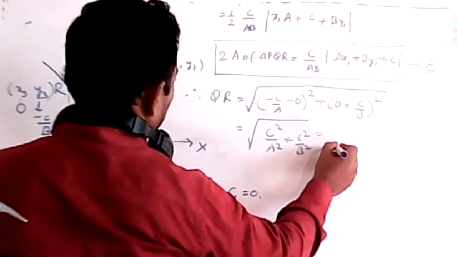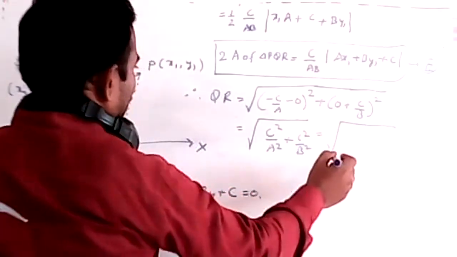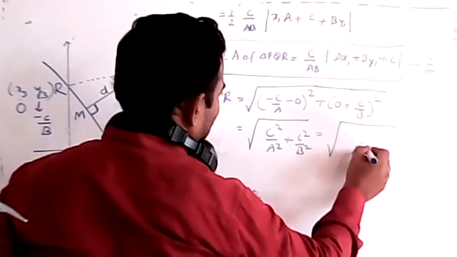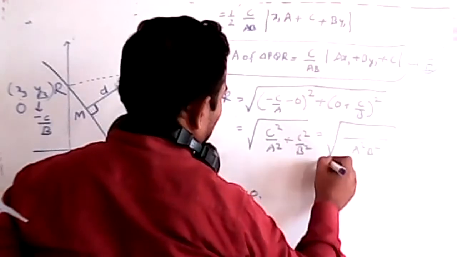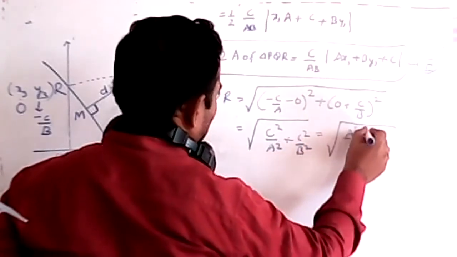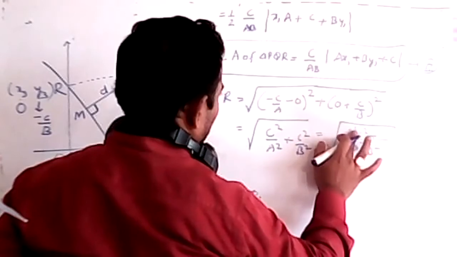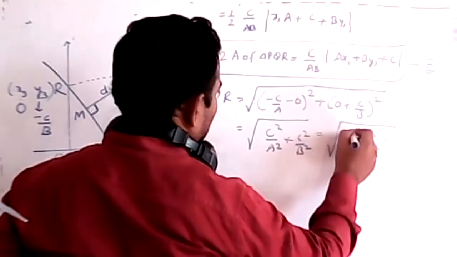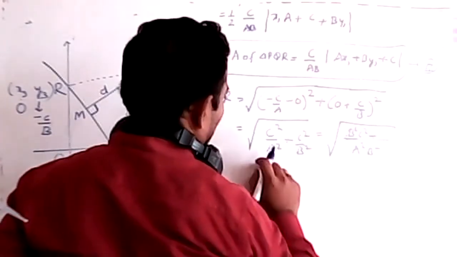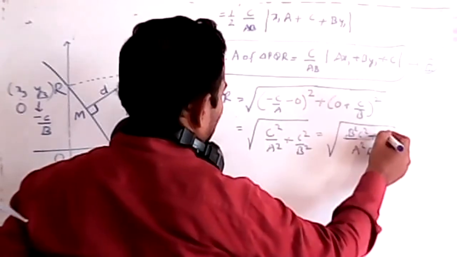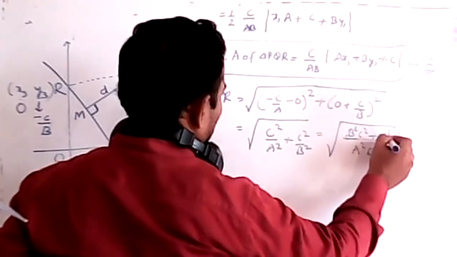If you take LCM now, it becomes a square, b square, so a square c square plus b square c square, after taking LCM, over a square b square.